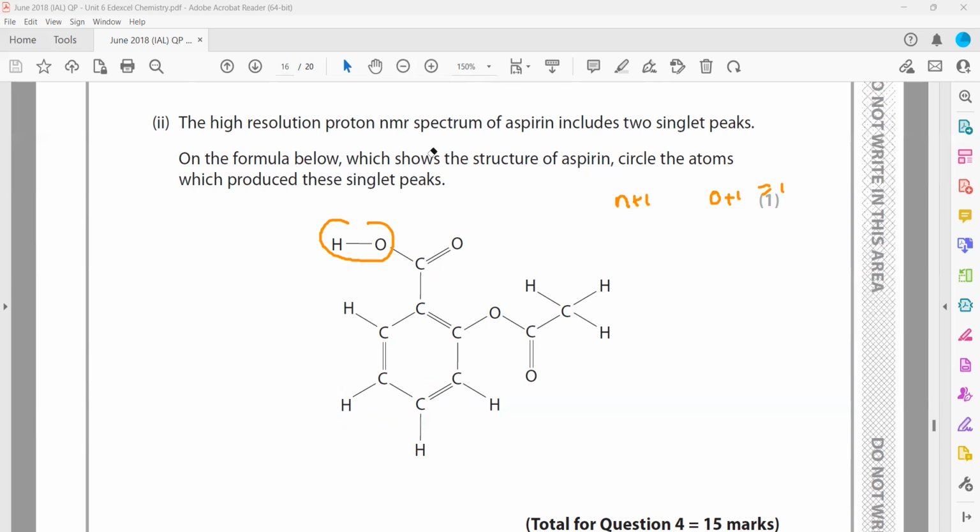And if you check this one, one side has hydrogen. And when you check this CH3, the neighbor does not have hydrogen, so this will be a singlet. So the two parts which we will circle are the OH and the CH3.